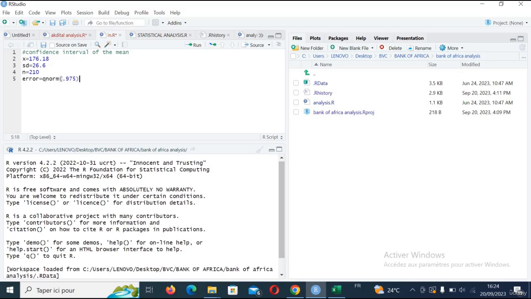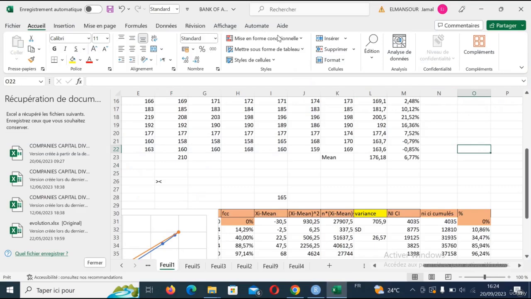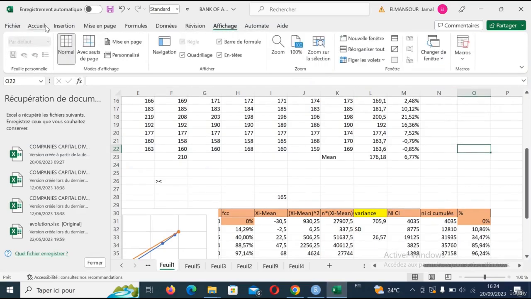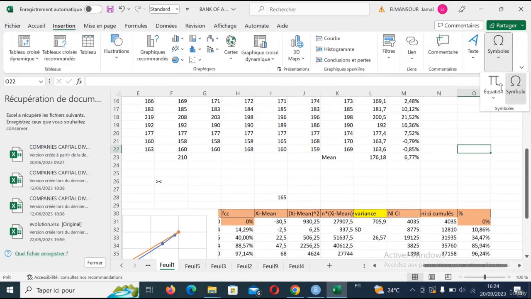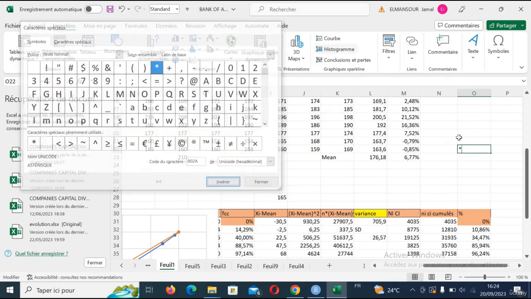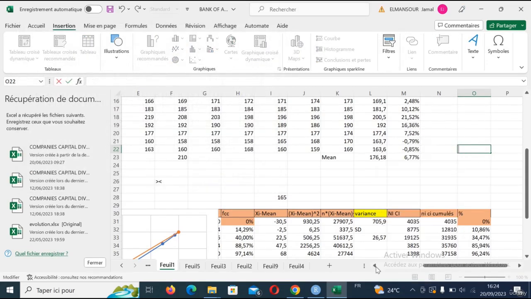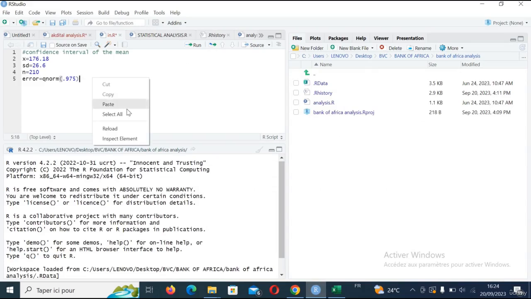Here we're going to multiply by the standard deviation, divided by the square root of n.